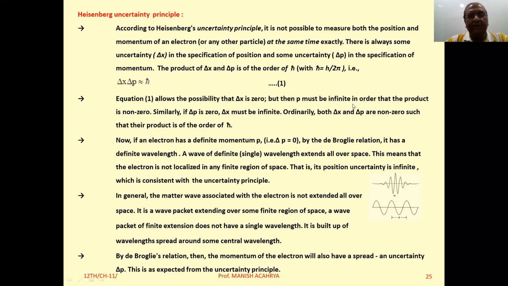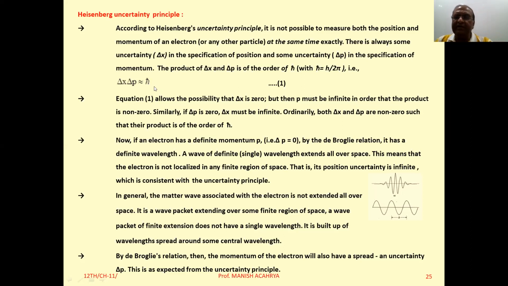Suppose the uncertainty in position is delta x, and the uncertainty in momentum is delta p. Then the product of delta x and delta p is equal to h upon 2 pi, which is also represented by h cut.